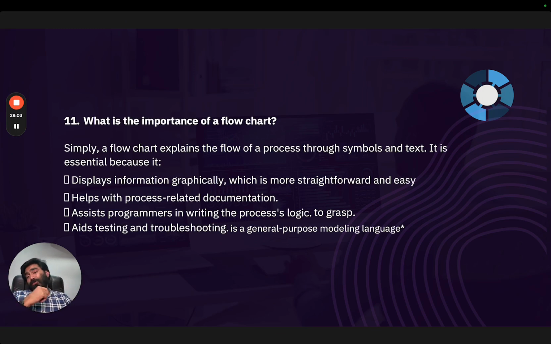So flowcharts are very important, and you should know how to design a flow. It's not easy to draw a flowchart, guys. Understand that first, because if you don't have knowledge, like product knowledge and process knowledge, then you can't chart out that flow. So the basics are product knowledge and process knowledge. All right.